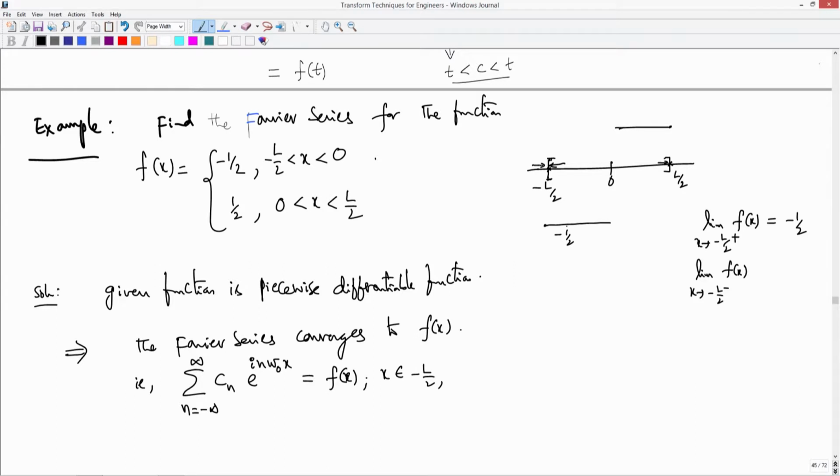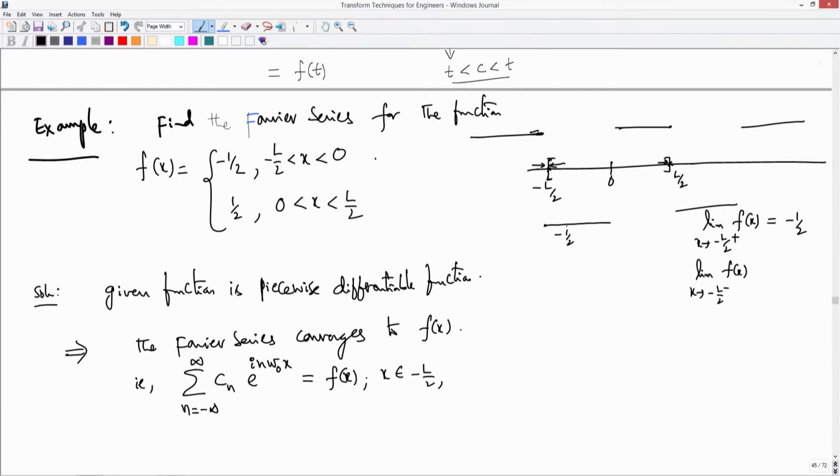That means this side. These values are the same because it is periodic. Why is it periodic? You can always extend it as a periodic function, you can go on like this. So, again you can go down and up like that, so the values here are exactly the values here.